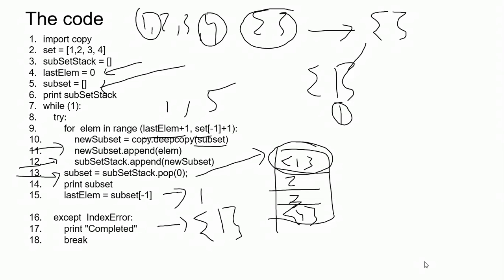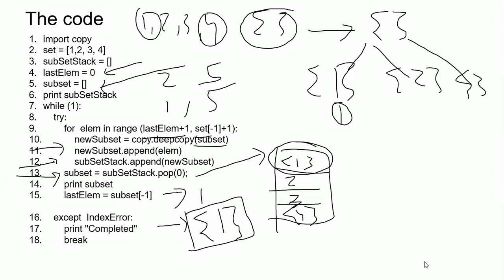Let's go back to the iteration. Now in the second iteration, the last element will become 2 and set of -1 remains 5. So subset is still 1. Essentially I have generated 1, 2, 3 and 4.